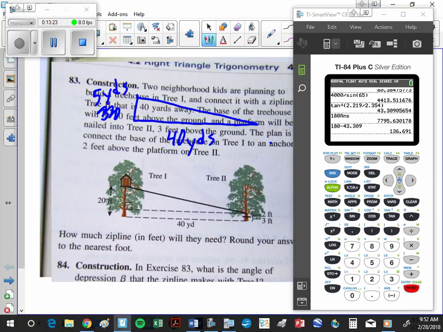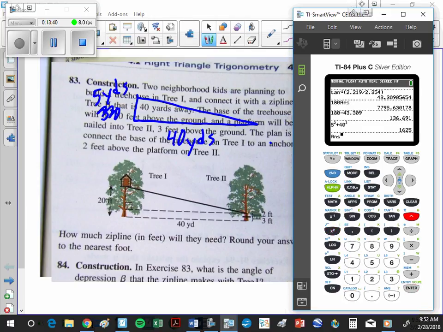Oh, we'll convert it back. Okay, I don't need trig to figure this out. It's just going to be 5 squared plus 40 squared, and then raise that to the 0.5, and that's in yards. So I need to multiply it by 3, 121 feet. Right?